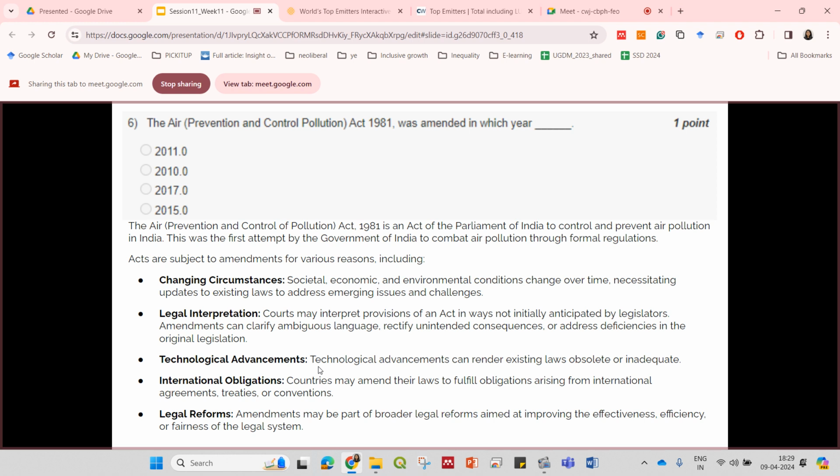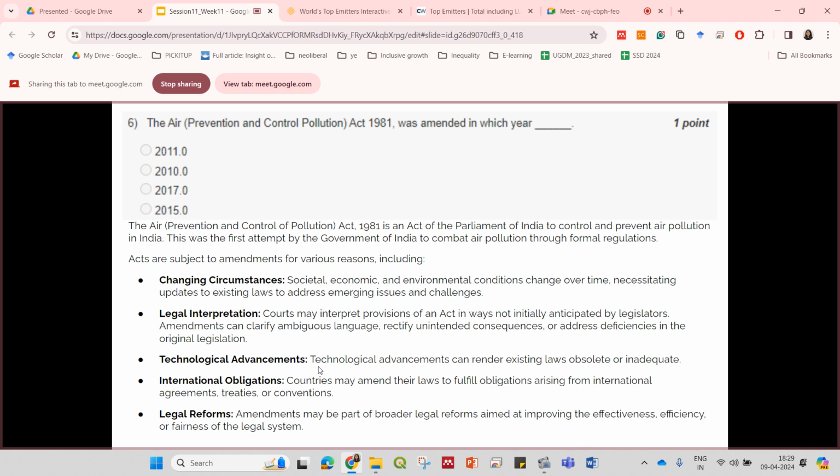So why do amendments take place? Amendments take place when we find that the earlier enacted act or rules or regulations associated with that act have become irrelevant in the present context because of various reasons. Then we amend that particular act.